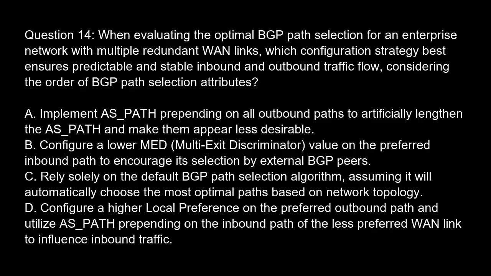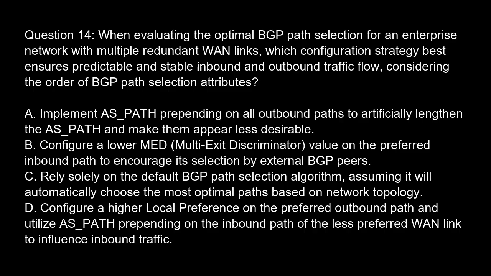Question 14. When evaluating the optimal BGP path selection for an enterprise network with multiple redundant WAN links, which configuration strategy best ensures predictable and stable inbound and outbound traffic flow, considering the order of BGP path selection attributes? Option A. Implement AS path prepending on all outbound paths to artificially lengthen the AS path and make them appear less desirable.